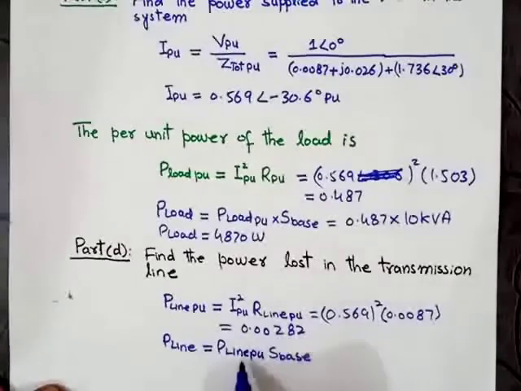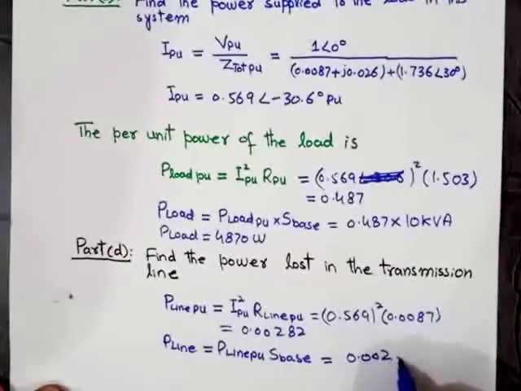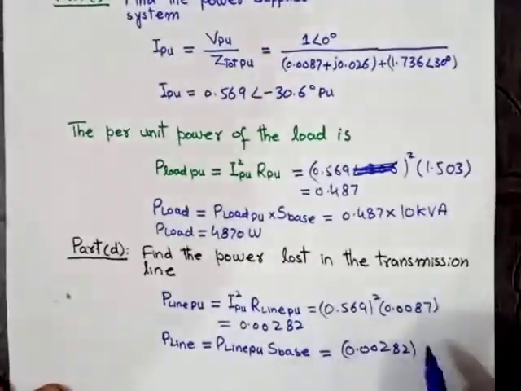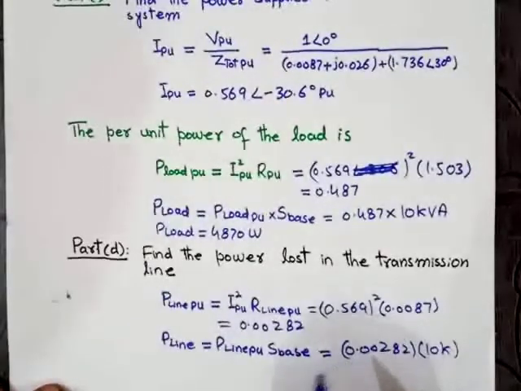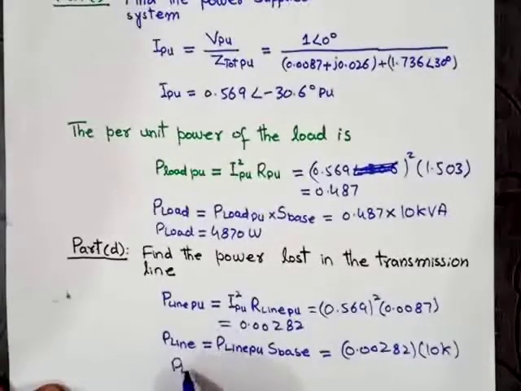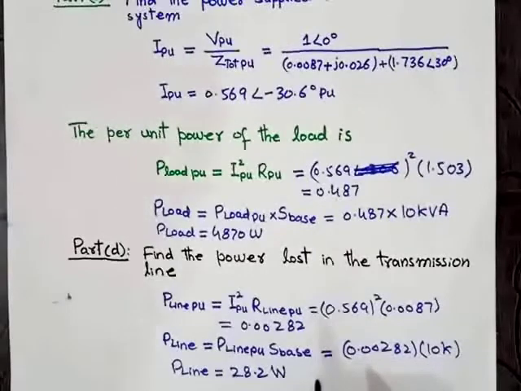Now putting the per unit value and S base in this equation, the line power is 0.00282 and the value of S base is 10 kVA. After multiplication, we get the actual line power equal to 28.2 watts. So this is part D of the given numerical.